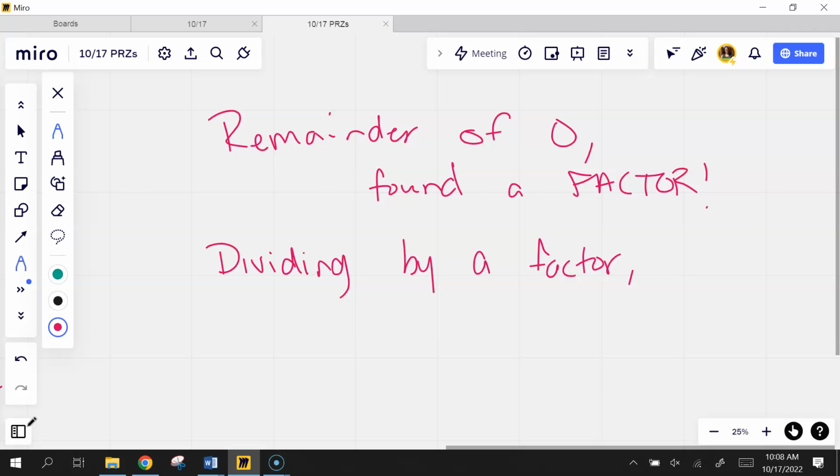Dividing by a factor gives you another factor. Dividing by x minus 3, you plugged in a 3. Yes, that would give you the remainder.